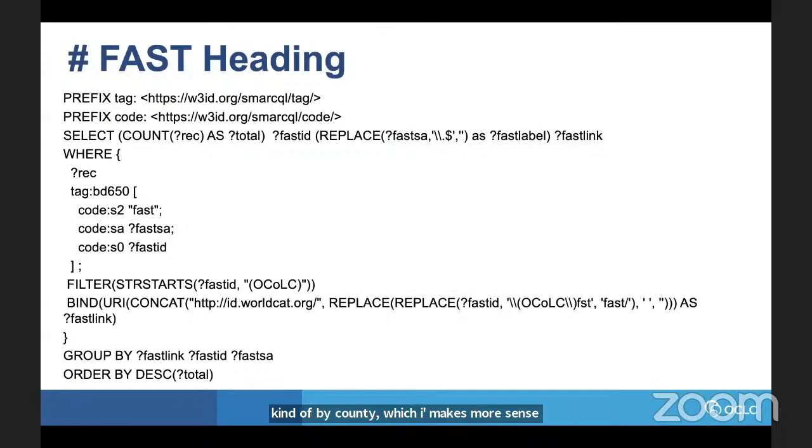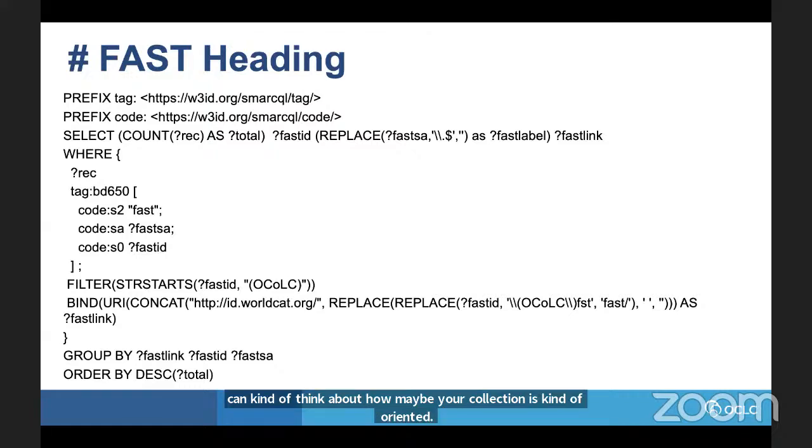So let's talk about something different. FAST, from OCLC, is a way to facet LCSH subject headings. Because it's specific, you can think about how your collection is oriented. In this case, we've got serials.